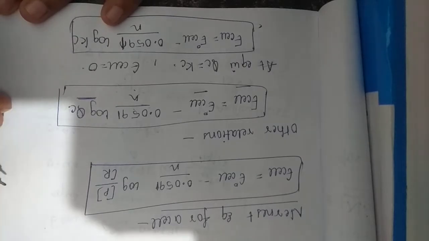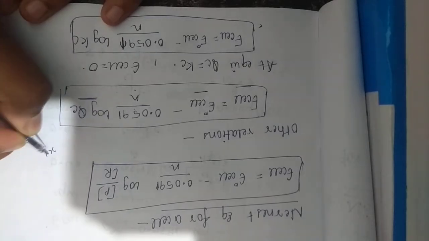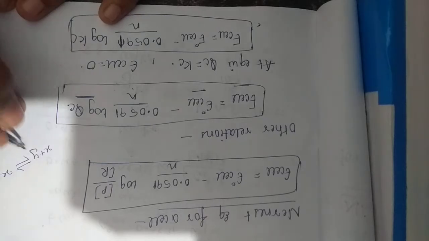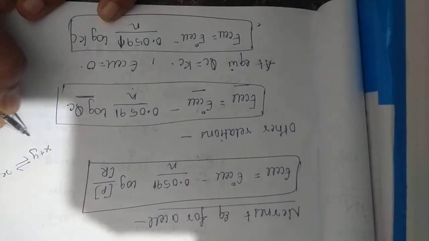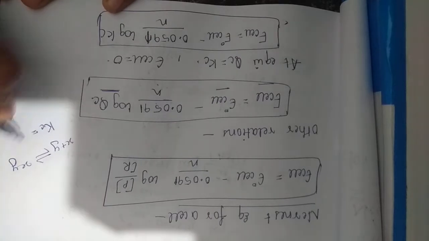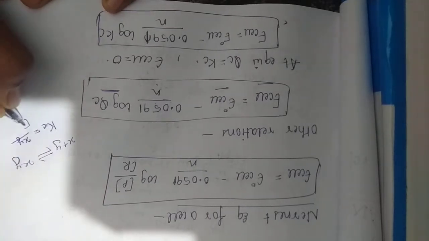Now if we have an equation, x plus y gives rise to xy, at equilibrium we calculate Kc, right? What is it? The concentration of xy by x and y.